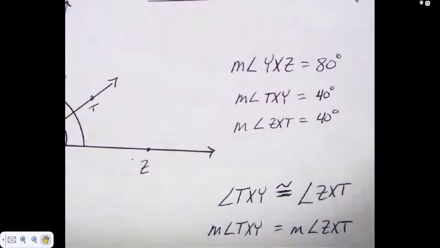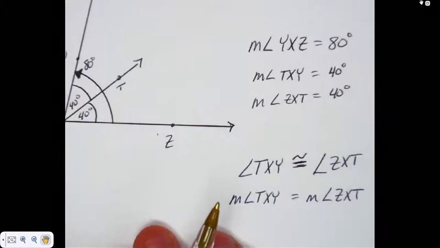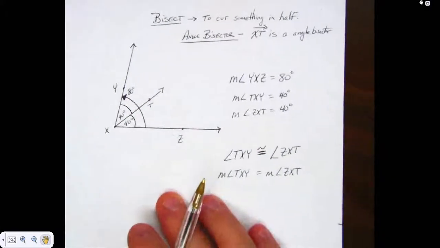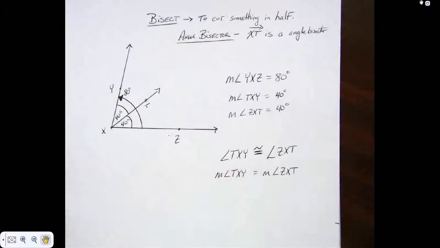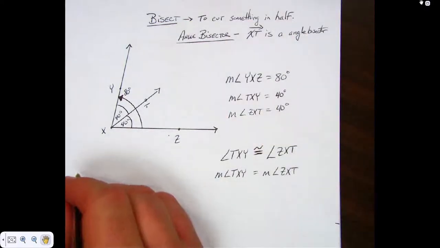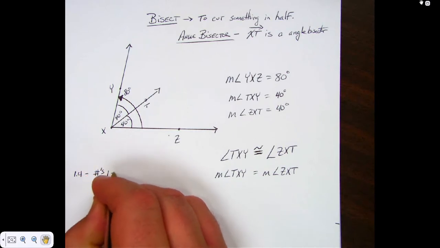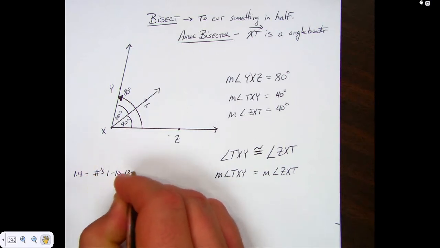Okay, your assignment. I'm going to write the assignment up here, and then you guys can write that down and put it in your notes. Your assignment. Pay attention to this. We're going to do all the numbers 1 through 10 and 12 through 29.